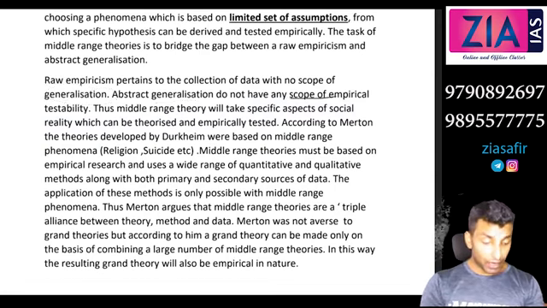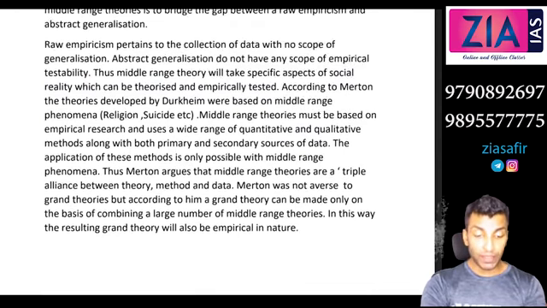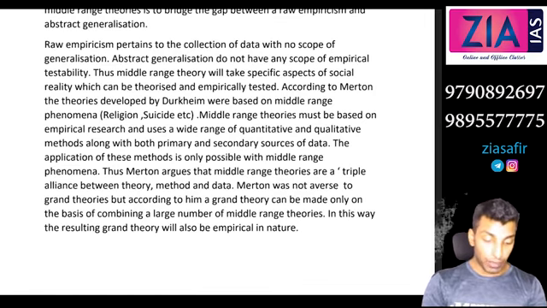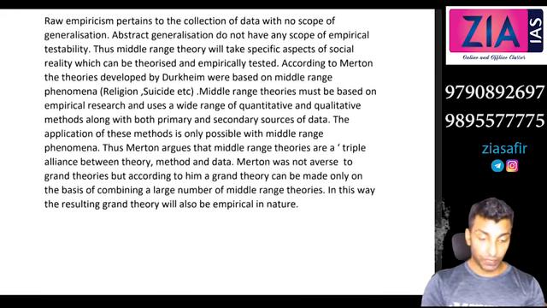So middle range theory will take specific aspects of social reality which can be theorized and empirically tested. You should be able to make theory, and at the same time it should be testable, according to Merton. According to Merton, the theories developed by Durkheim were based on middle range phenomena, for example religion, suicide, etc.